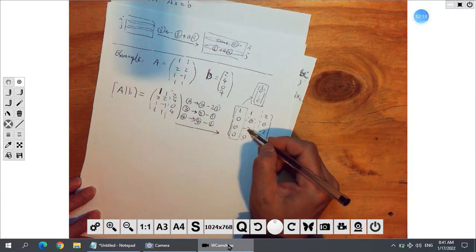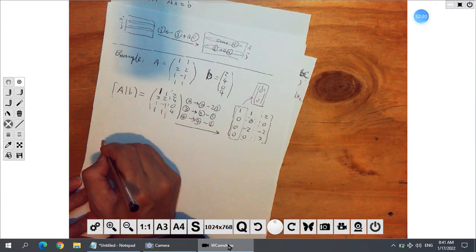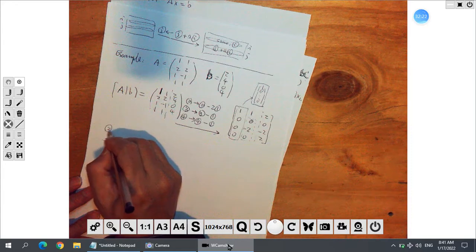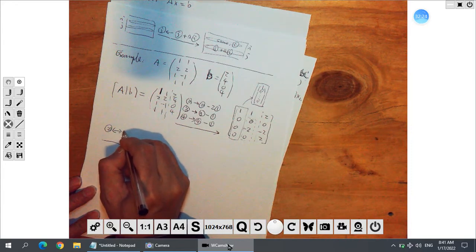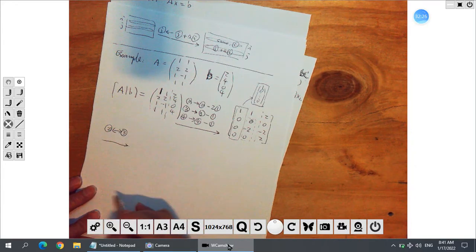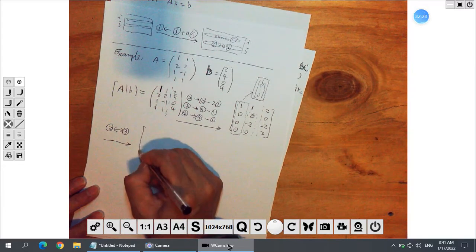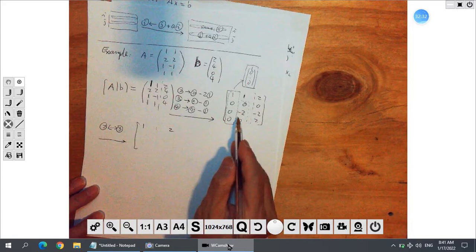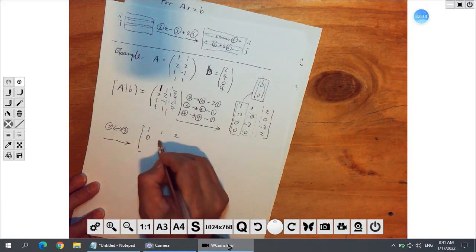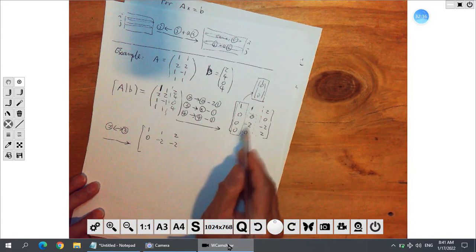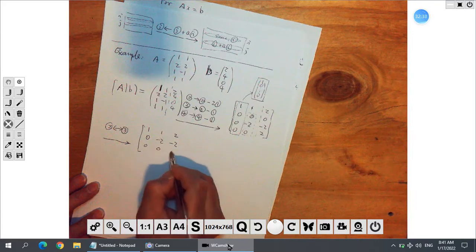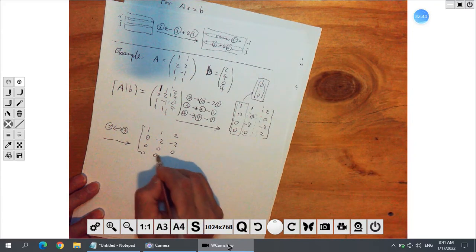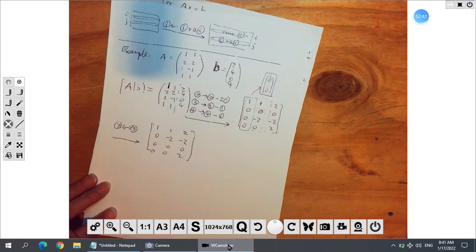So move this up. Just these 2 lines, 2 and 3, we change the location. The first line has nothing changed. The second line now is 0, negative 2, negative 2, and the third line is 0, 0, 0, and then 0, 0, 2. Almost done.